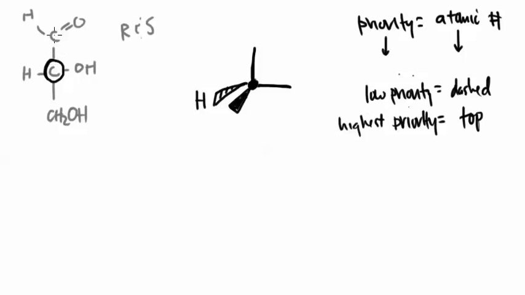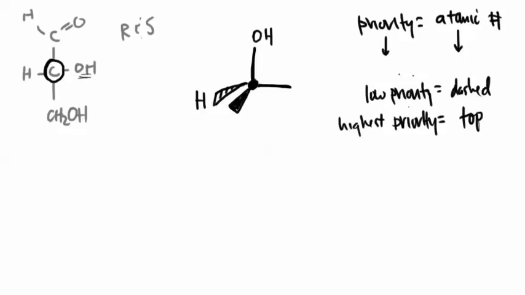Well, this one has a carbon, that's a 6. This down below is a carbon, that's a 6. And the one over to the right is an oxygen, and oxygen has an 8 for an atomic number. So this is the highest atomic number right here. The highest atomic number is going to be my OH group, so I'm going to prefer to draw that one up at the top.